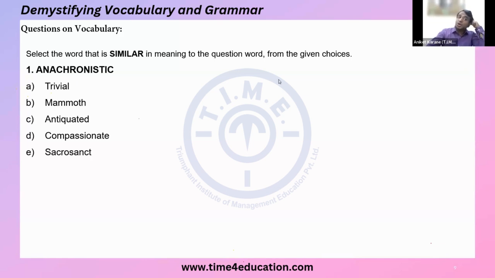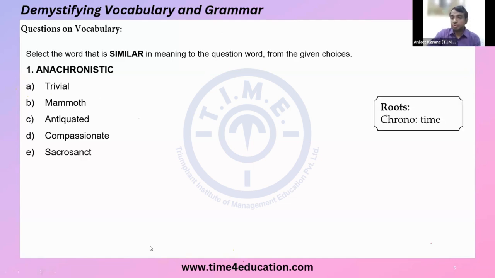So basically, anachronistic, the whole theme is dependent on your root word, that is cron, or chrono. Cron or chrono means time. So when I say cron is time, anachronistic means something that is not from this time period.